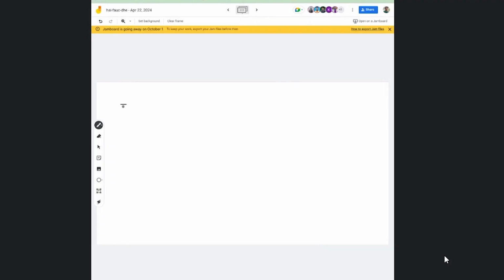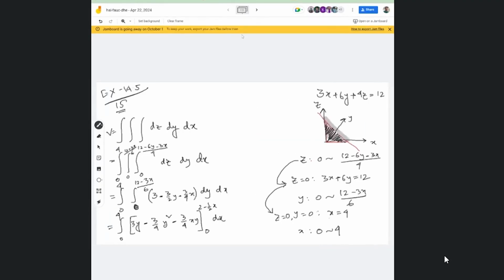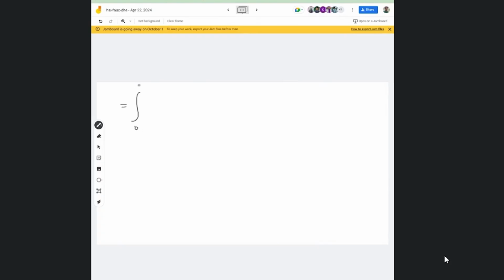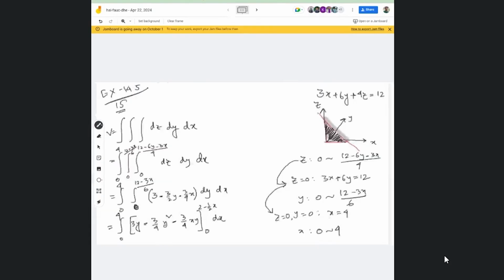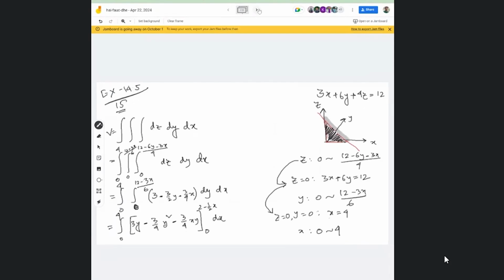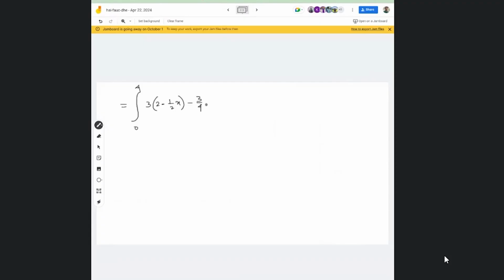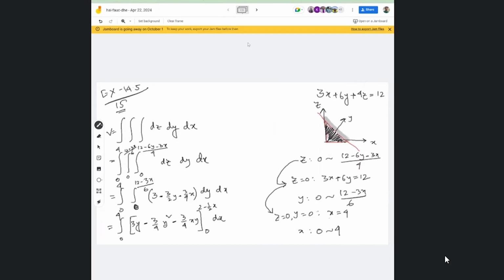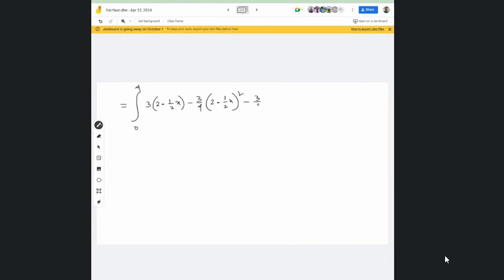So in the next line, what we're going to do is 0 to 4, and this should be 3y, 3 into 2 minus half x, minus 3 by 4, 2 minus half x whole square, minus 3 by 4 x into 2 minus half x.